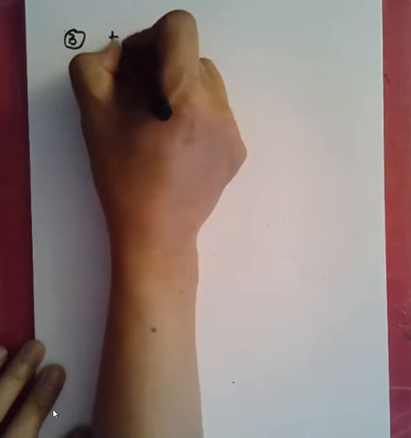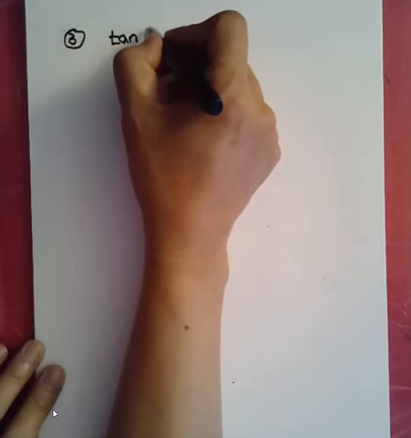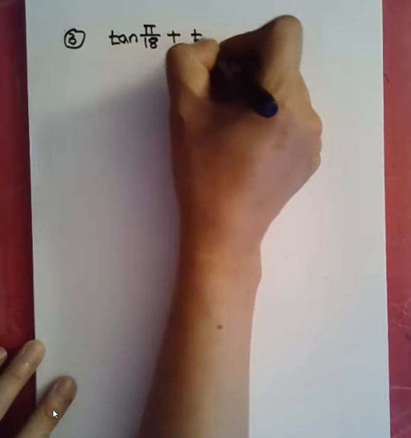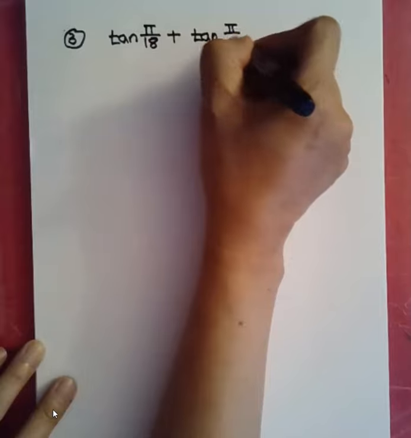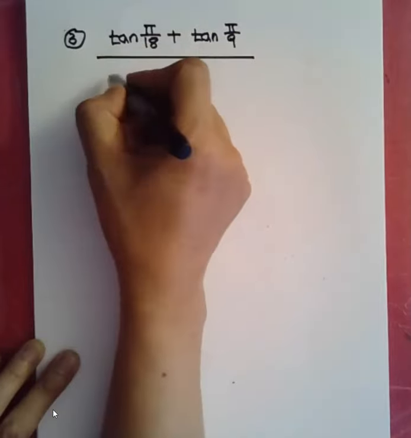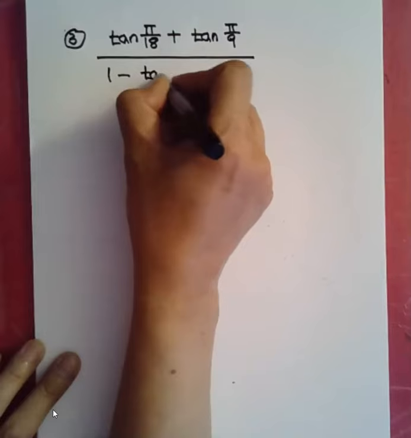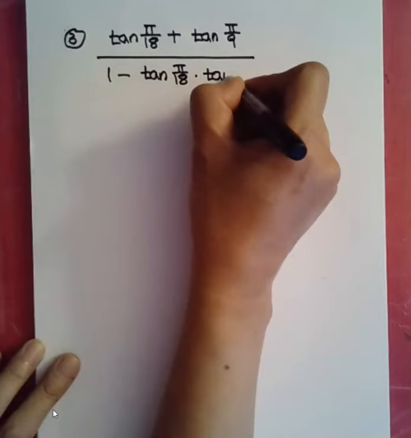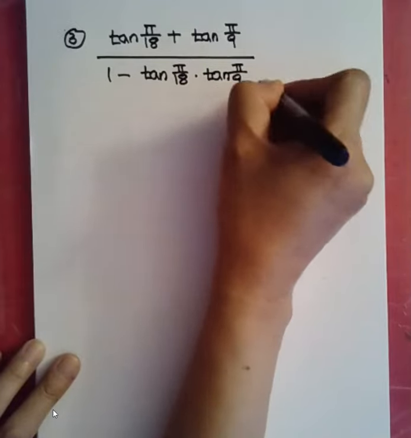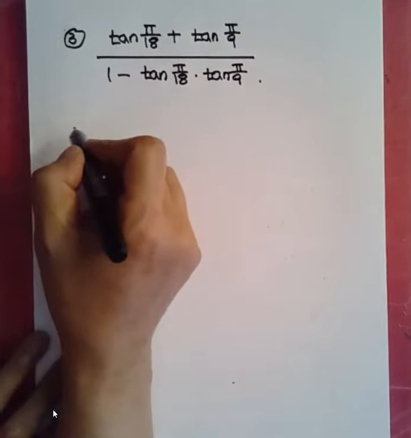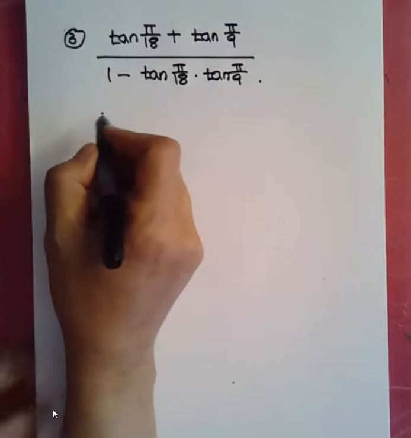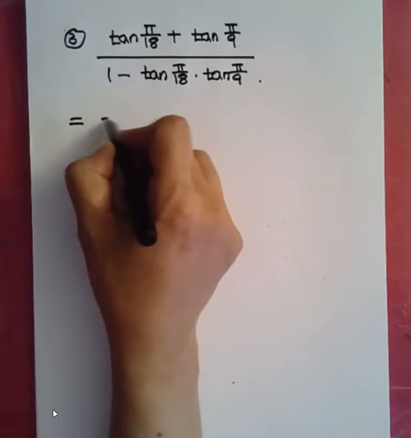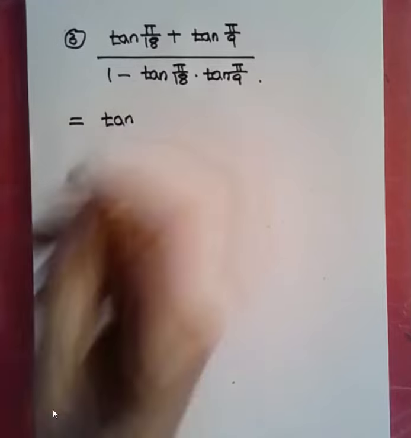The third one is about the tangent related formula. Tangent of pi over 18 plus tangent of pi over 9 over 1 minus tangent of pi over 18 times tangent of pi over 9. Obviously, we have to combine the angle, and the designated trigonometric function is tangent.